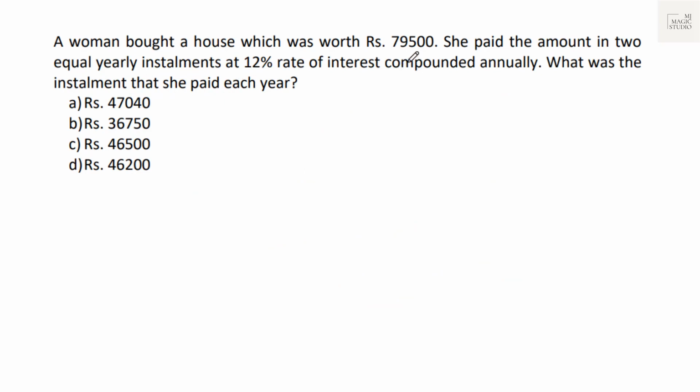A woman bought a house which was worth 79,500. She paid the amount in 2 equal yearly installments at 12% rate of interest compounded annually. What was the installment? We'll use the same formula. Loan equals first installment X by 1.12, plus the second installment, which is also the same, divided by 1.12 whole square.